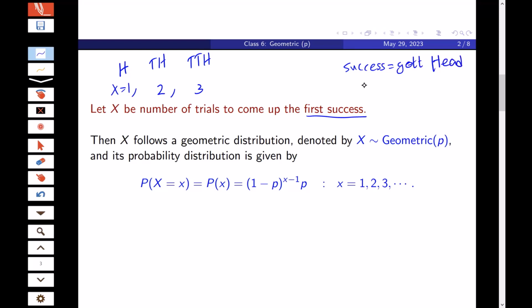Success is getting head, and the probability of success is the probability of getting head. So we can repeatedly do this. In this case, you can see your x is going to be countably infinite.